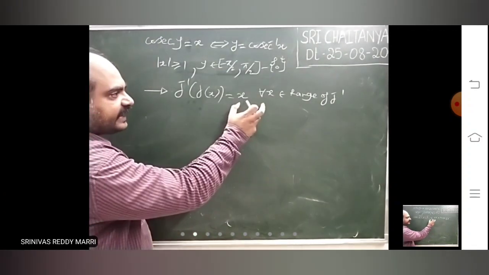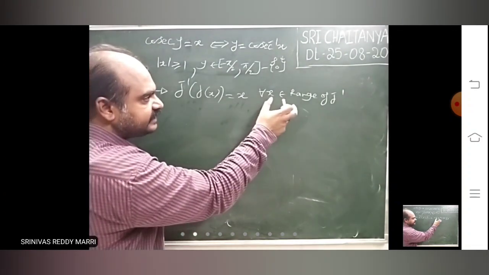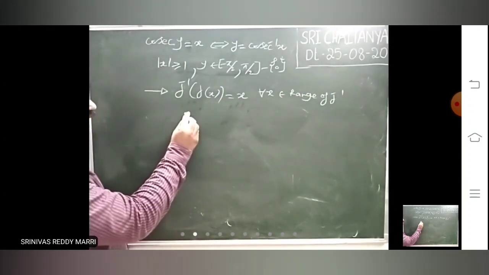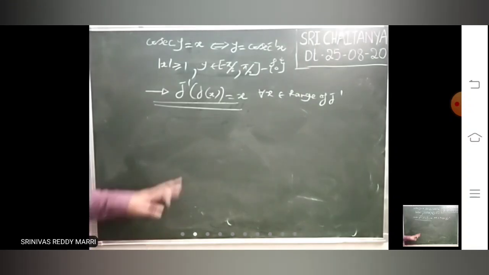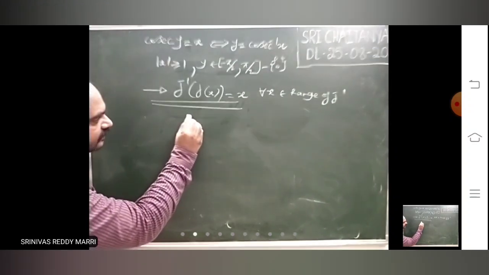Right? I have told for x belongs to B, that means the range of f inverse. Look here, if you use this property, suppose f inverse f of x.